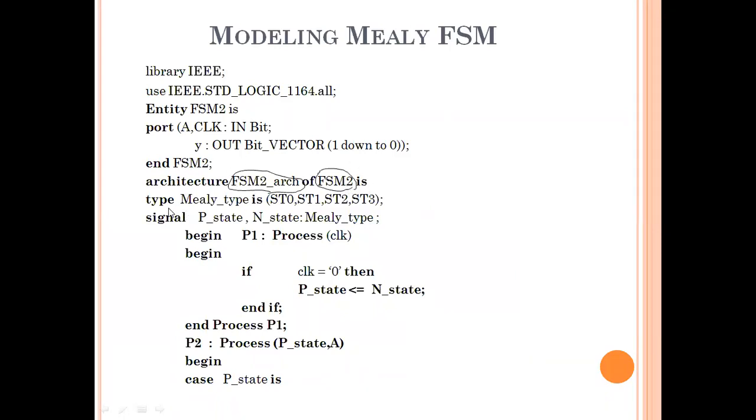This is the architecture name. Here we declare the states. These states are declared as a Mealy type. What is the Mealy type? All the states should be listed in that type.